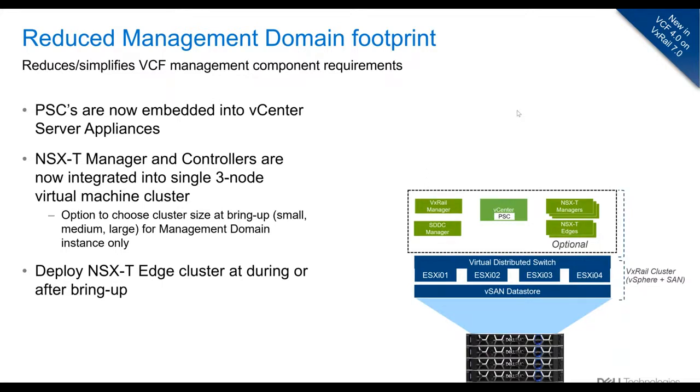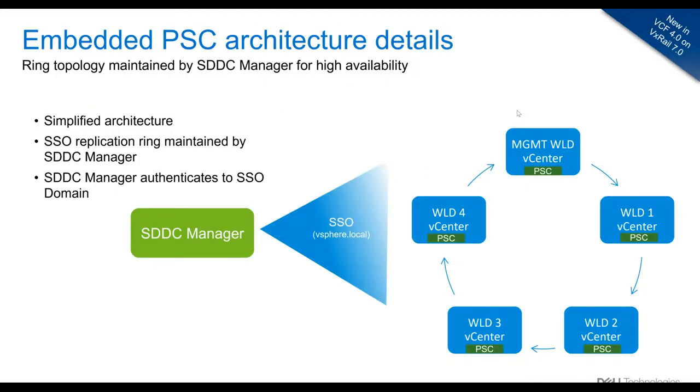So let's talk a little bit about the ramifications of leveraging the embedded PSC model. In the past, when I had dedicated PSC virtual machines to provide high availability to the PSC services, they were set up in an active-passive HA pair. But now that we have PSCs embedded in every vCenter Server appliance that gets deployed, not just for the management domain vCenter, but also for any of the workload domains, we can now take advantage of a much more robust and simplified high availability architecture.